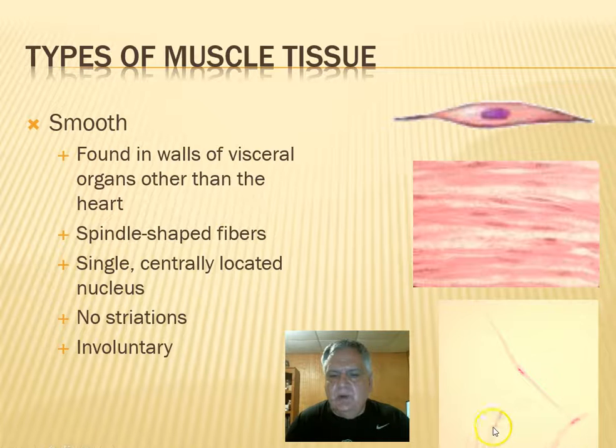Down here in this bottom diagram, we can see some individual muscle fibers that have been teased out, and this helps us to really see the spindle nature of the smooth muscle fibers. So I wanted to point those out.